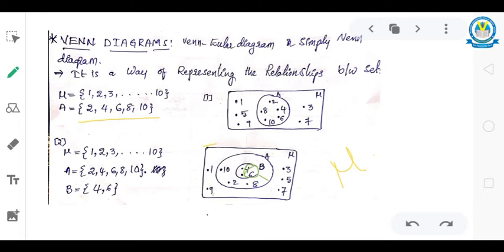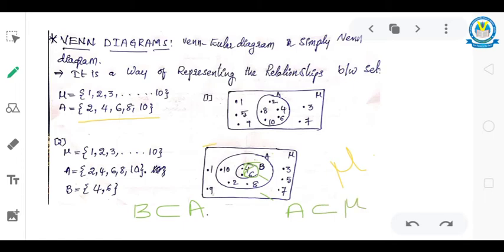And also all the elements of A are present in mu, that means the universal set. So all the elements of the B set are present in A, so we can say that B is a subset of A. And all the elements of A are present in mu, so A is a subset of mu.